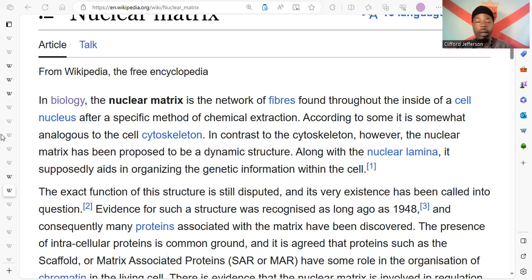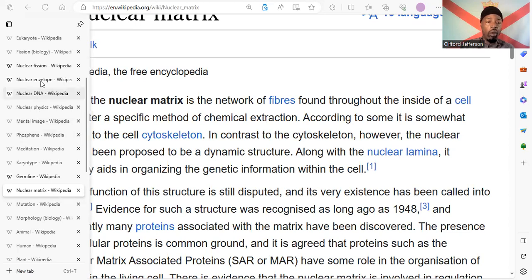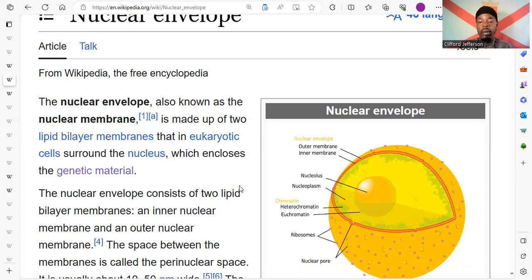And we say nuclear envelope is the membrane, made of two lipid bilayer membranes, that in the eukaryotic cell surrounds the nucleus, which encloses the genetic material, which we call our DNA.